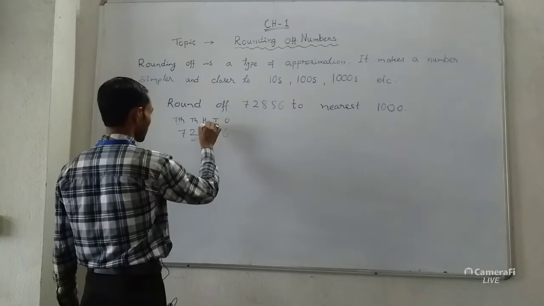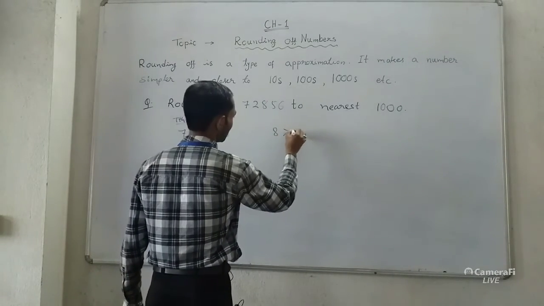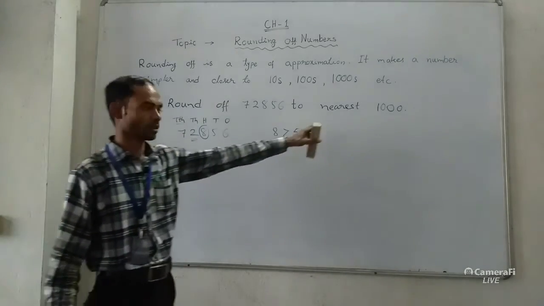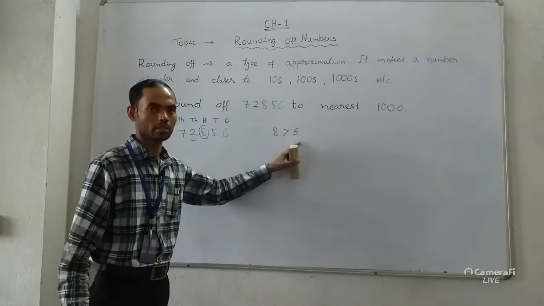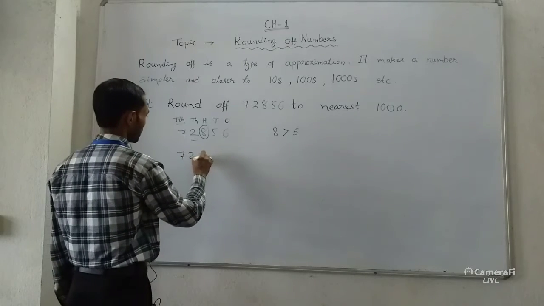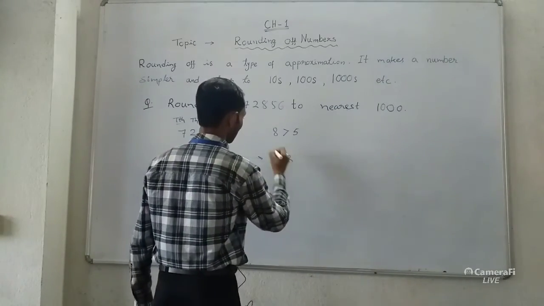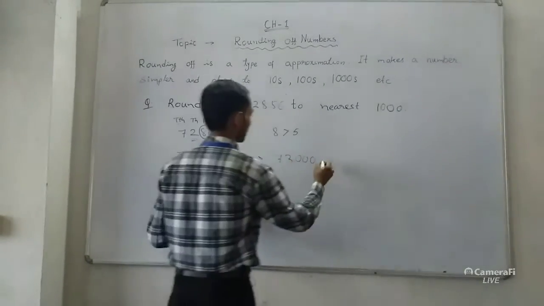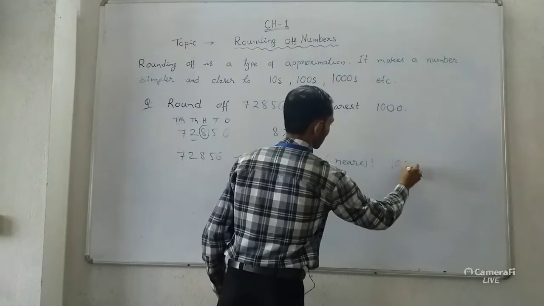Check the hundreds place digit, which is 8, and 8 is greater than 5. As we are rounding off to the nearest 1000, we check the hundreds place digit, and it is greater than 5. So the thousands place digit will increase by 1. So 7, 2, 8, 5, 6 becomes 7, 3, increased by 1, and the remaining 3 digits 0. Nearest 1000.